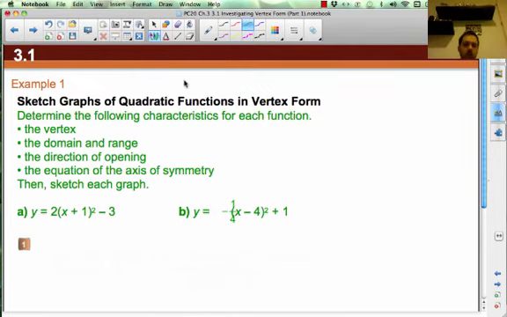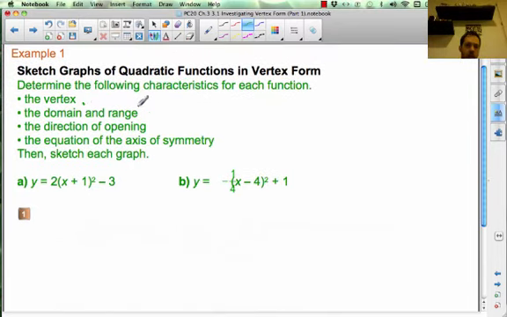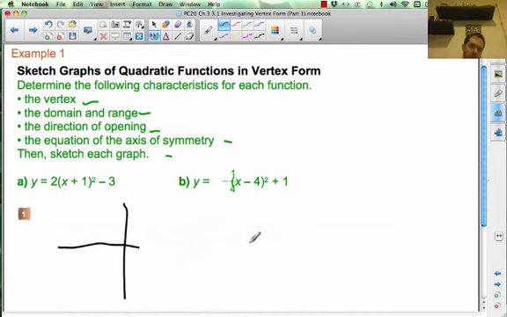Example 1, so we're going to sketch a couple quick graphs and determine some characteristics of these graphs, okay? So let's start just with making simple coordinate axes and figure out some values here. So vertex, right away, we have these two values.